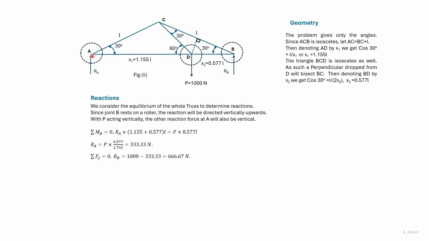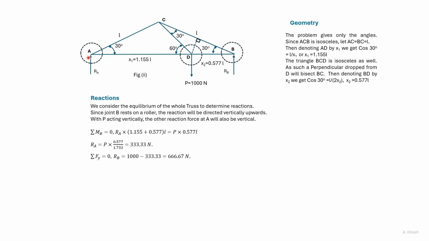We'll look at equilibrium of the joints A, D, and B in the next session. But here we discuss some preliminary issues. The circles here show that we'll consider the joints A, D, and B as free bodies.